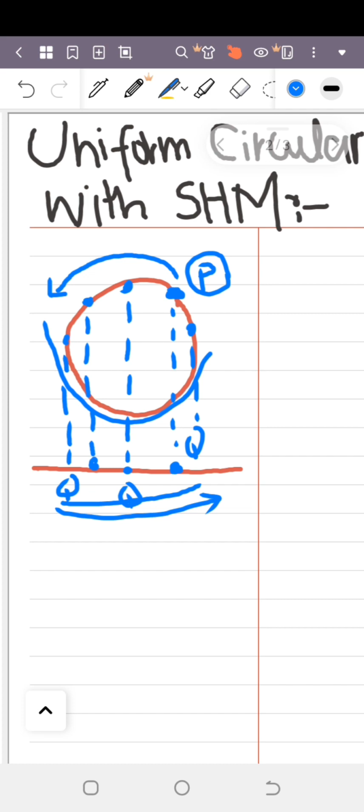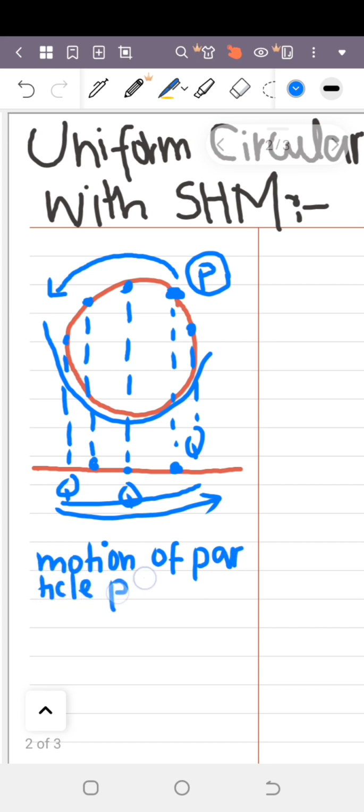Okay, the motion of particle P is circular.